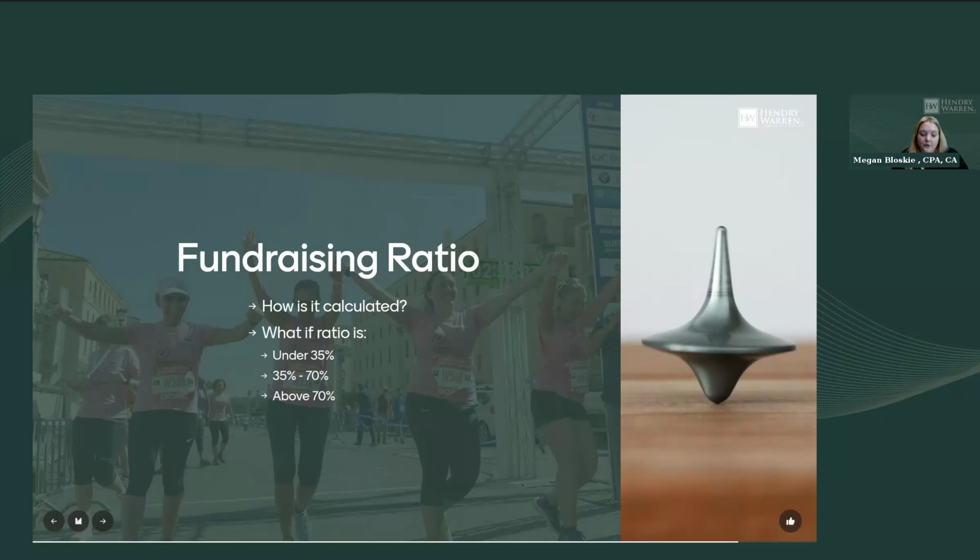If the fundraising ratio is over 70%, it is very likely that the CRA will be concerned and will do some historic review and reach out to the organization to discuss what their fundraising activities are to help verify that there has been no unacceptable fundraising. If the CRA does determine that there has been unacceptable fundraising in the year, they could revoke the organization's charitable status. So even though it's not presented in the T3010, it is very important to be aware of this ratio.